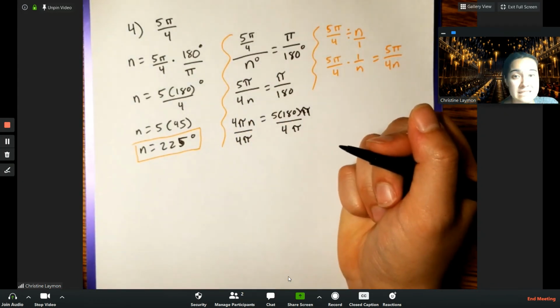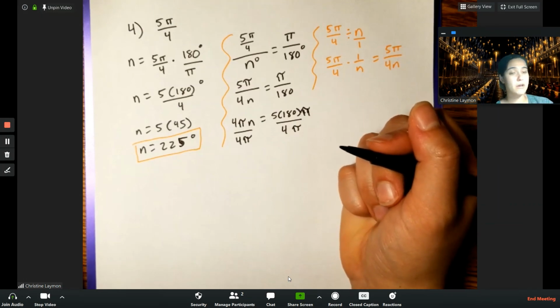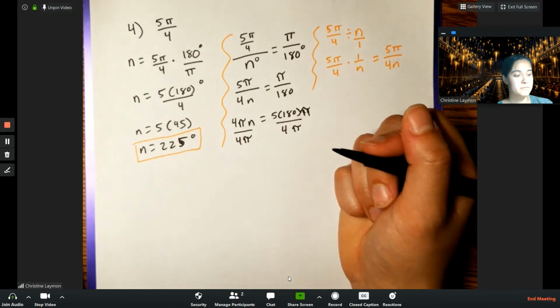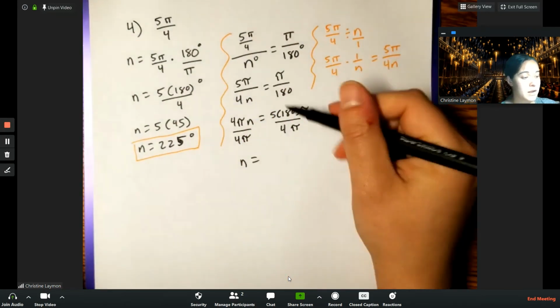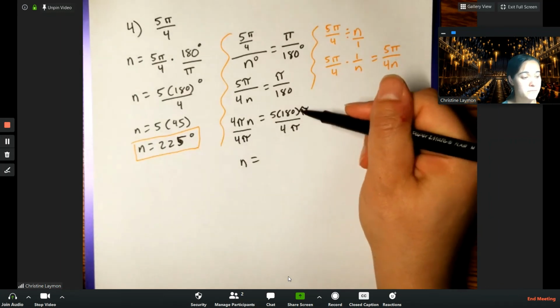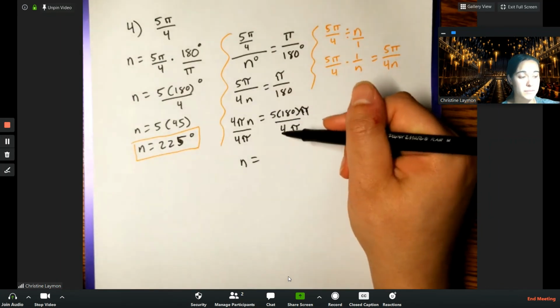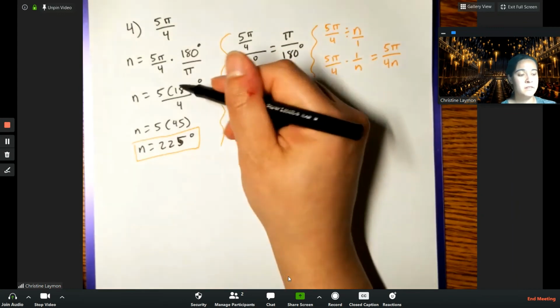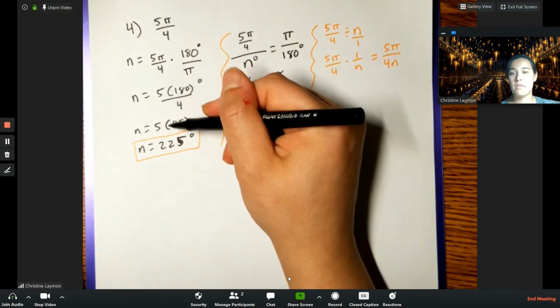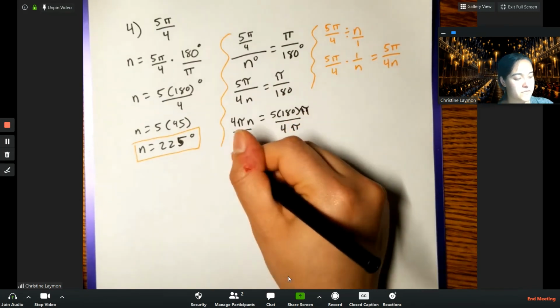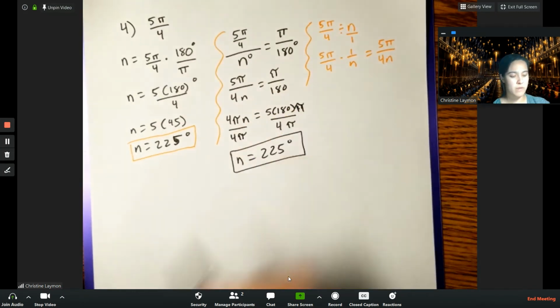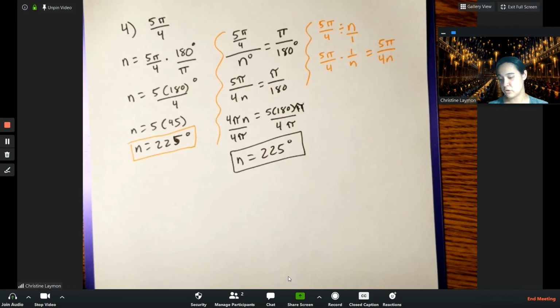Pi will either stay in my answer if I'm converting from degrees to radians, or pi will be gone because it cancels out entirely. So again, the 4 pi's are gone over here. I have n equals, these pi's are gone over here, I have 5 times 180 divided by 4, and I go, oh wait, that's what I did over here. Therefore, n is just 225 degrees. No matter how you spin it, that's the same answer that you are going to get.